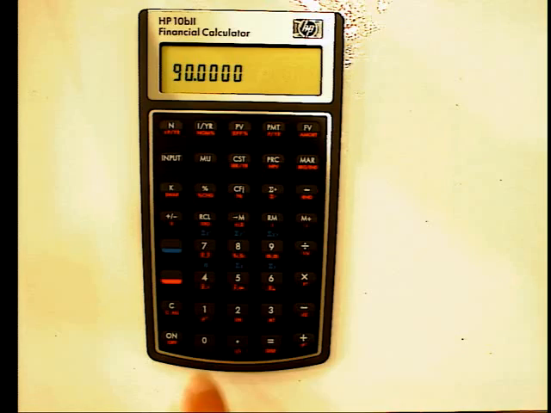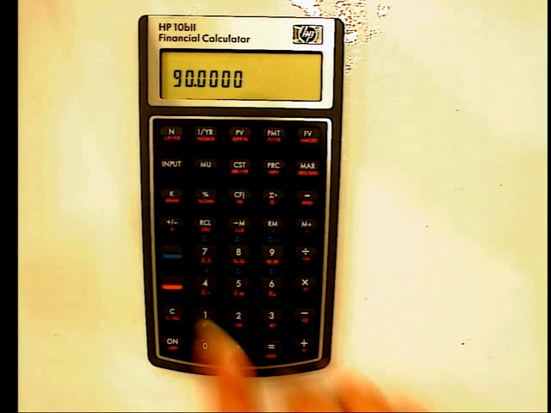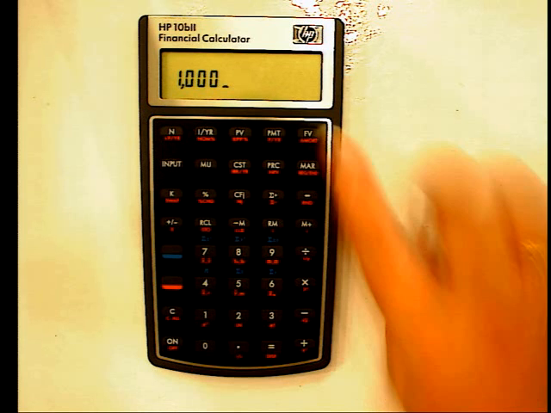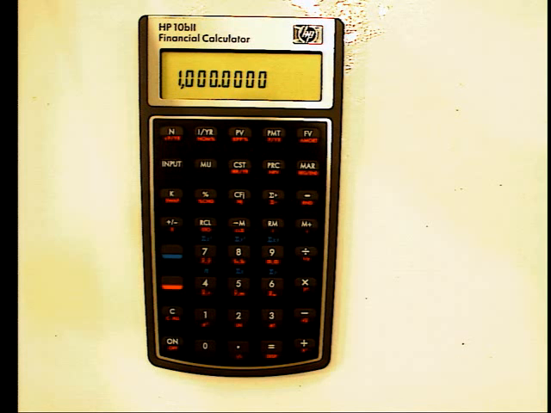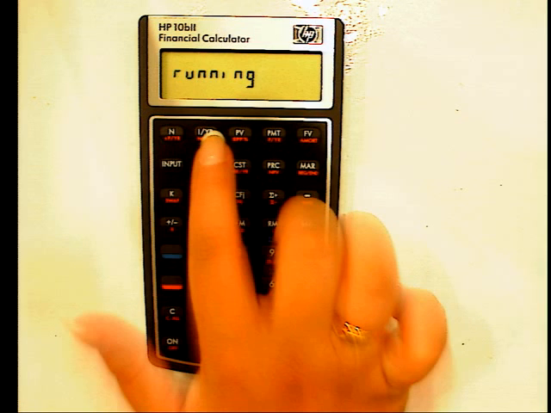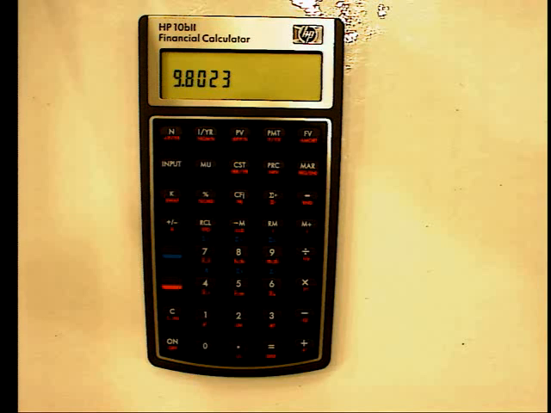Oops, sorry. And I've got a $1,000 future value. So what do I want to know? I want the yield to maturity, or the rate, which is the interest rate. So it's working, and I have a 9.8% return on my money.